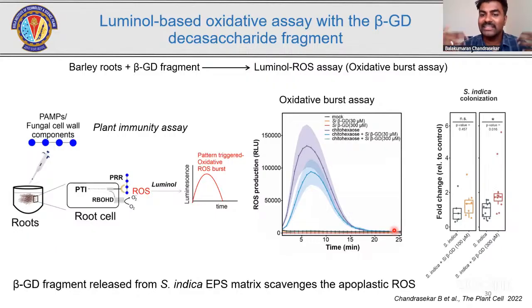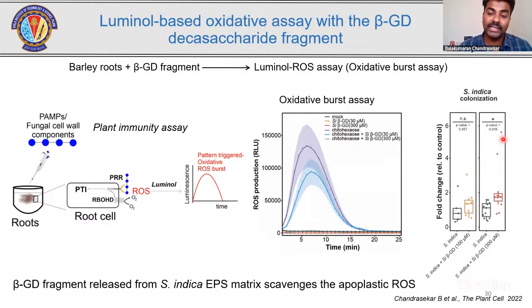Now the fungi can easily survive in the apoplast by hijacking the HVBGLU2 enzyme. We also took the fragment and treated Serendipita indica roots, and performed a colonization assay. We saw that the fungi colonized more when there was more fragment. When the roots were treated with the fragment at two different concentrations, fungal colonization was high.